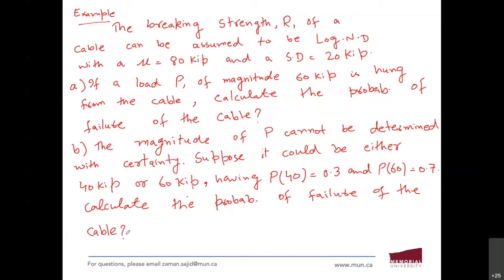So the breaking strength R can be assumed to be log normal distribution with the mu value of 80 and standard deviation of 20. The first objective is, if a load P of magnitude 60 KIP is hung from the cable, calculate the probability of failure of the cable.